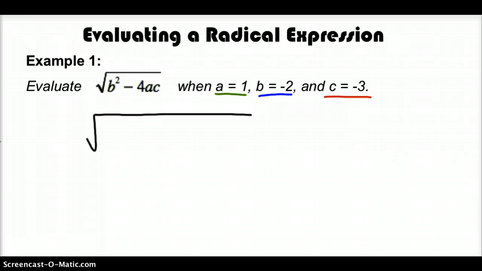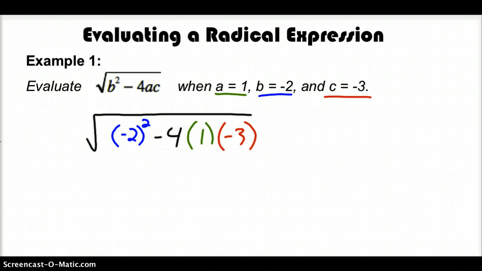It's a positive square root, so it's b squared minus 4ac. So I'm going to do this b squared part, so I'll do negative 2 squared. I'm going to write now minus 4 times a, which I'll put in green, times c, which I will put in red.